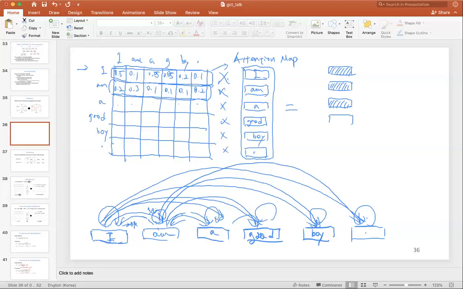So you have 6 convex combinations, and accordingly you have 6 context vectors.